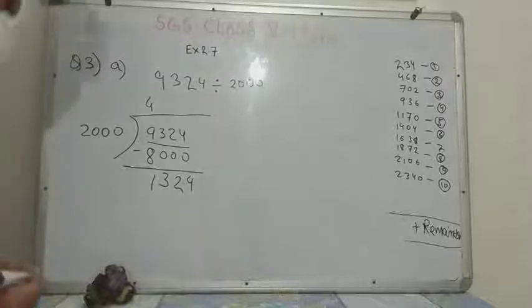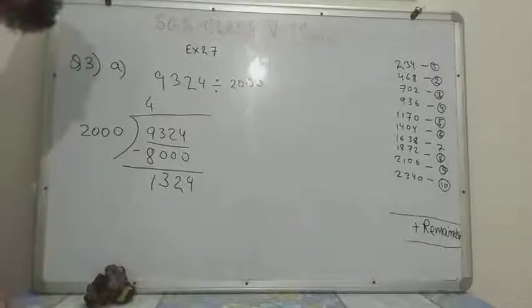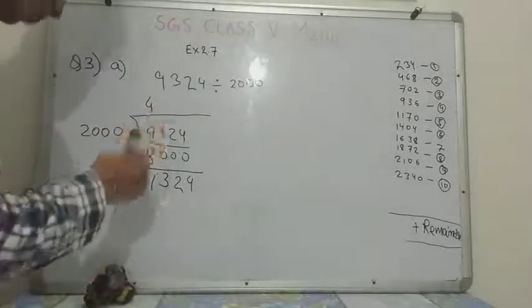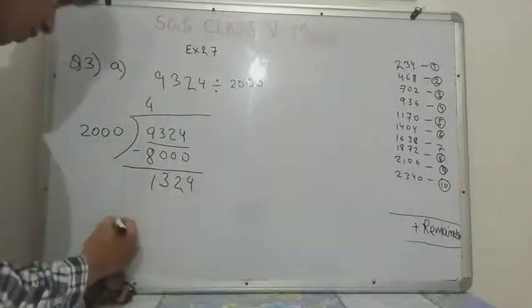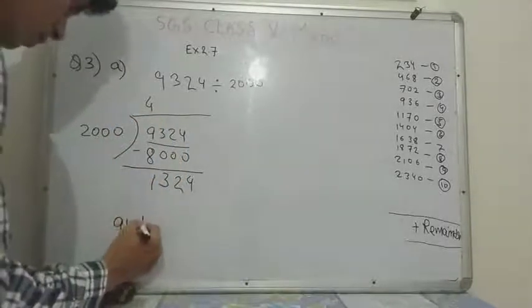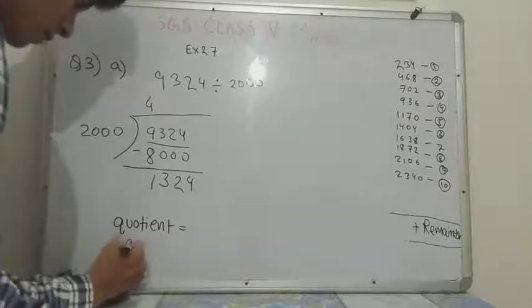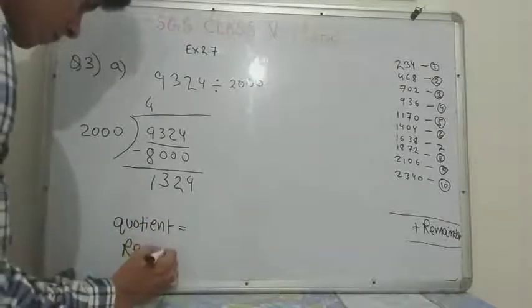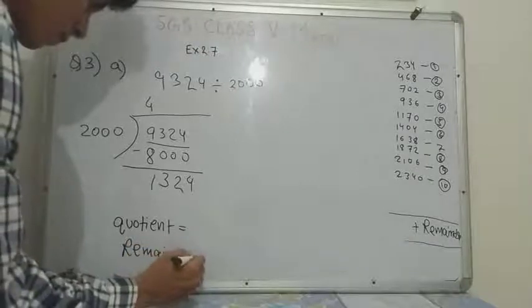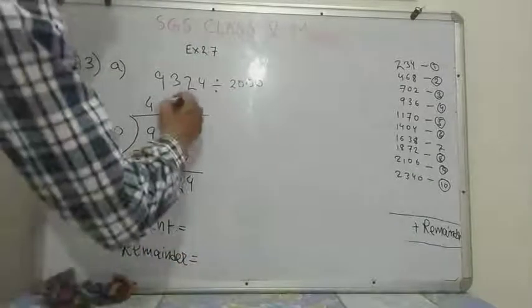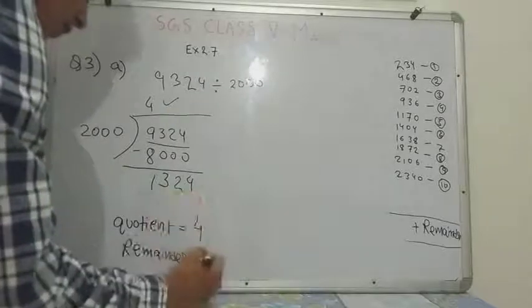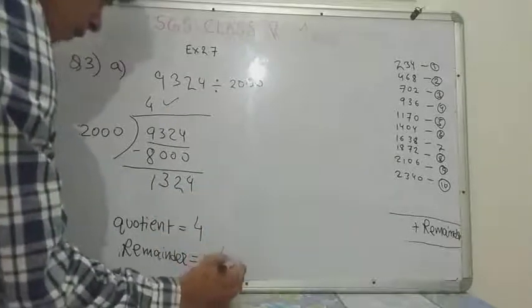And in question number 3, we have to tell what is the quotient and remainder. So in that case, our quotient is 4 and remainder is 1324.